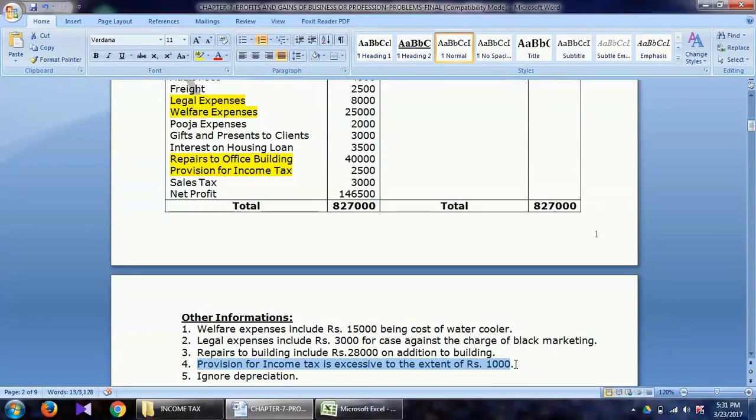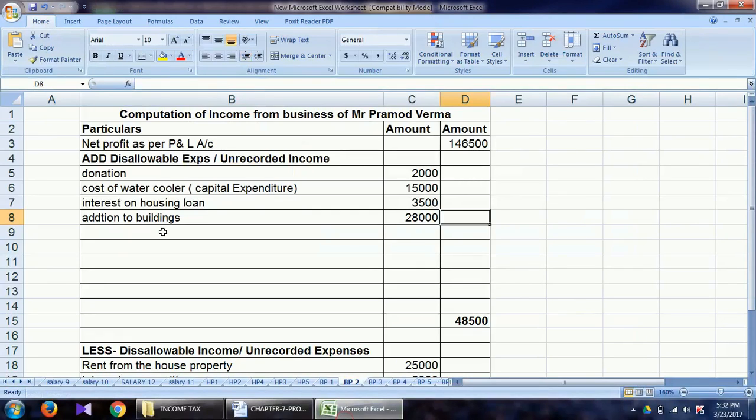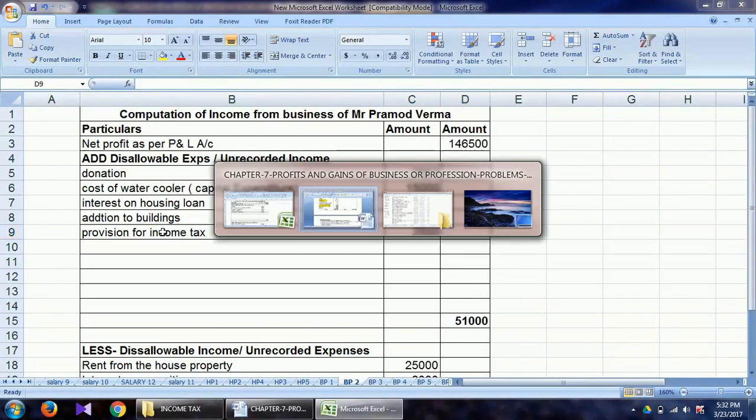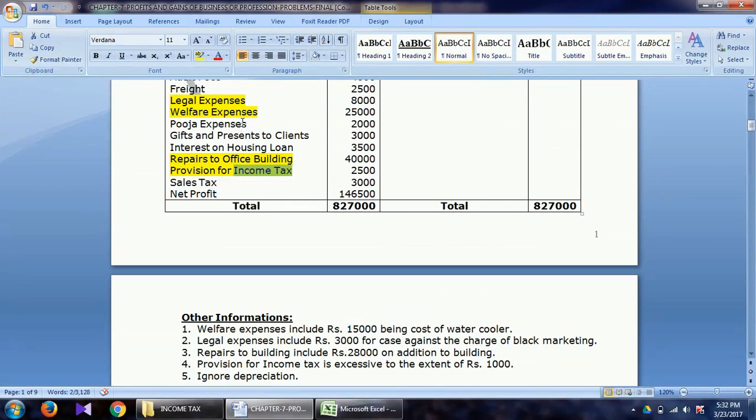This adjustment has to be ignored. Actually, it has been given just to confuse the students. Entire provision for income tax will be disallowed. So I'll write here provision for income tax, 2,500. Then comes sales tax. Sales tax will be allowed as an expenditure.